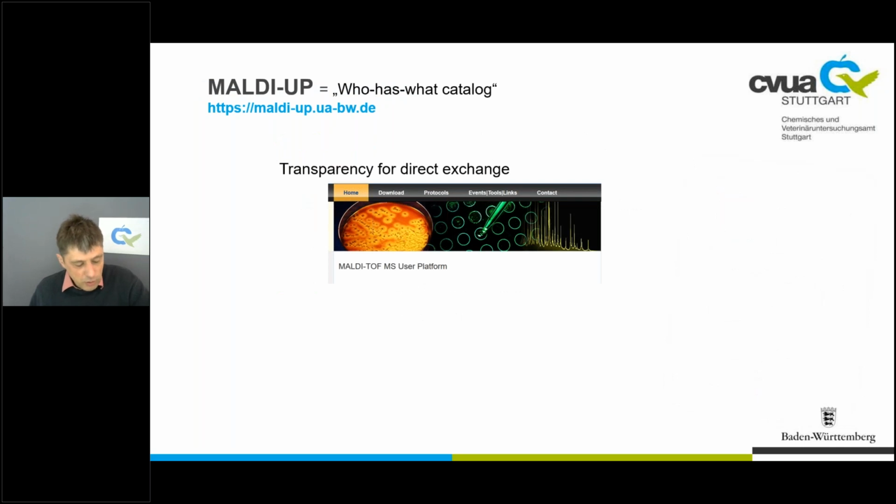To support transparency for the direct exchange, we created an easy, non-commercial who-has-what catalog called MALDI-UP. In MALDI-UP, no direct download is possible. It's really only the information on who has done what and who wants to exchange with everybody.